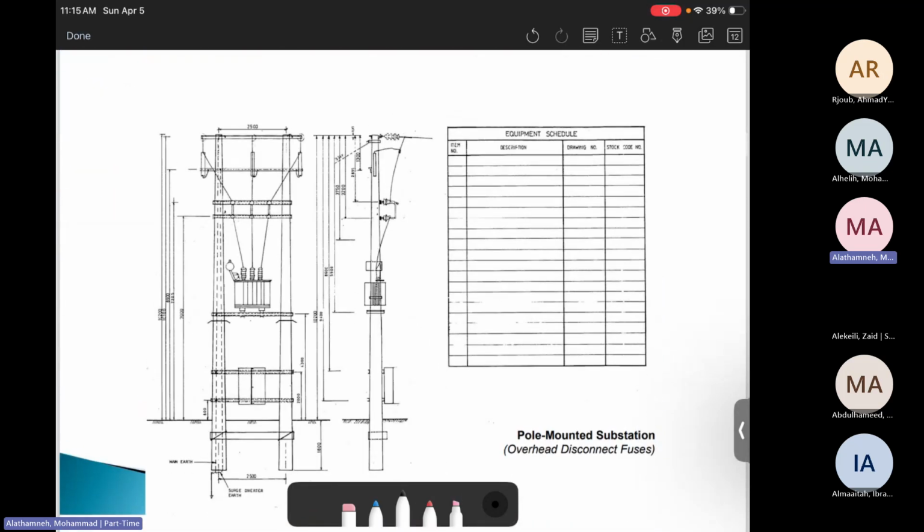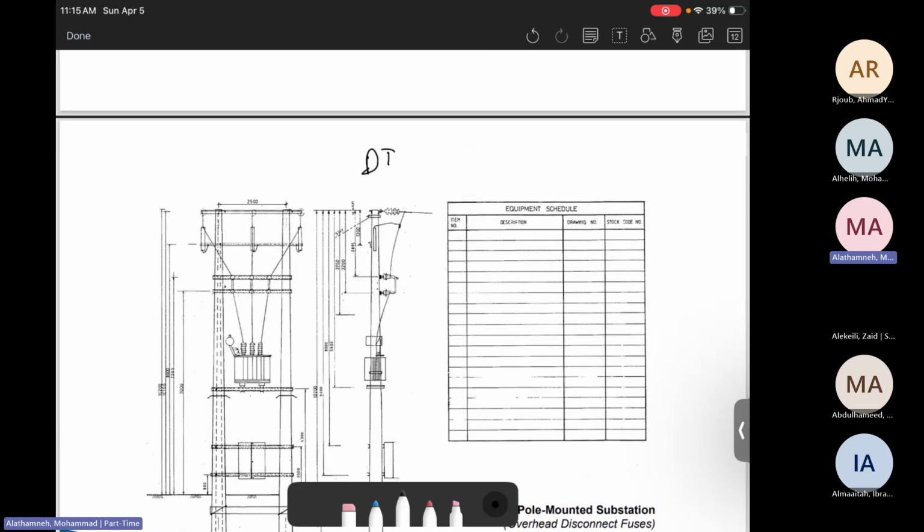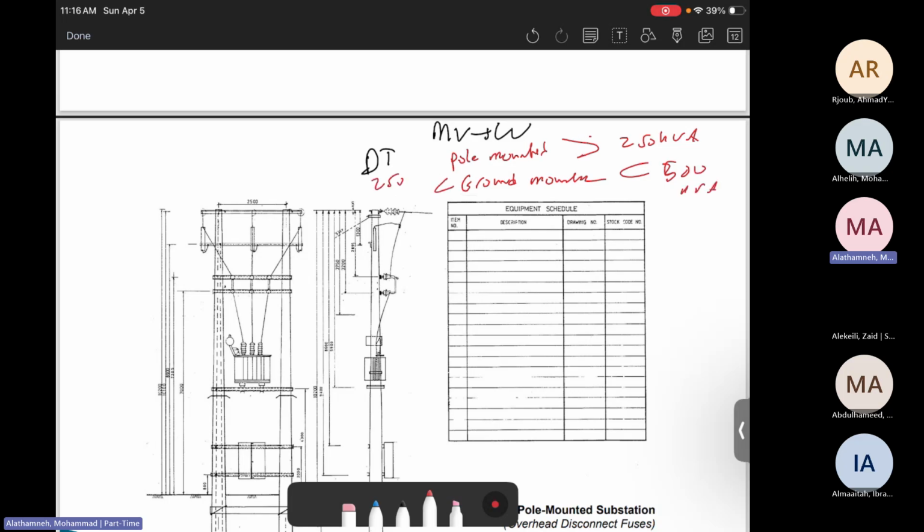Again, the distribution transformer is used to convert medium voltage to low voltage. It's only for that. It is pole mounted if it is below 250 kilovolt ampere, or it can be ground mounted if it is between 250 and 500 kilovolt ampere.